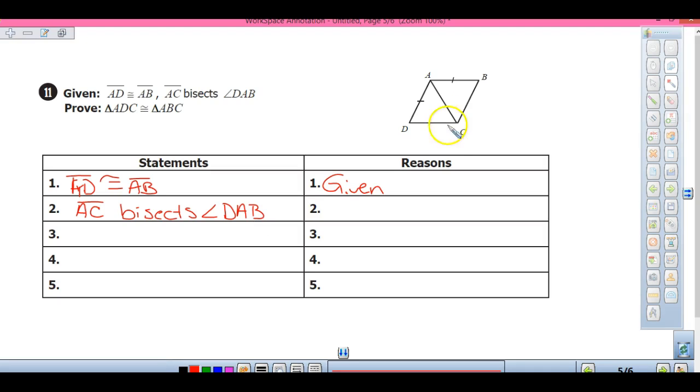So AC bisects this angle DAB. So what does that mean? We're talking angles, because it bisects an angle. This line, AC, bisects this angle. So this angle right here gets bisected. So what are my 2 congruent angles based off of that?